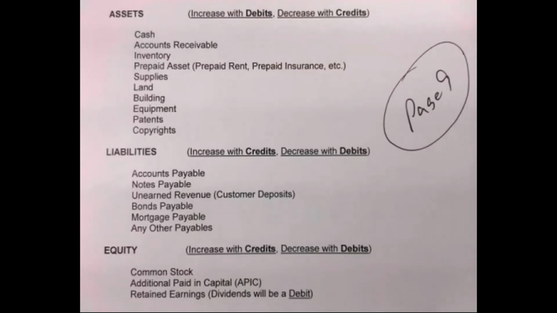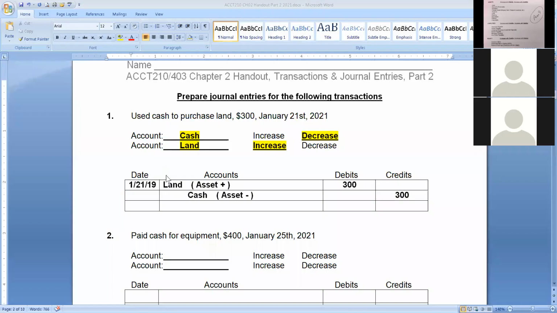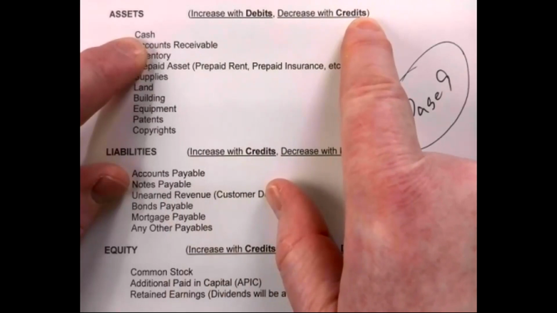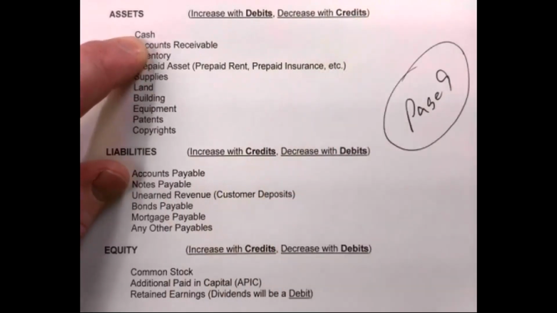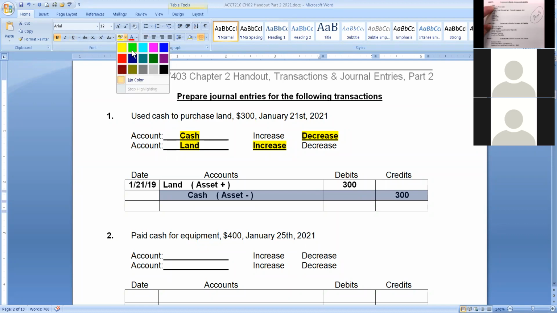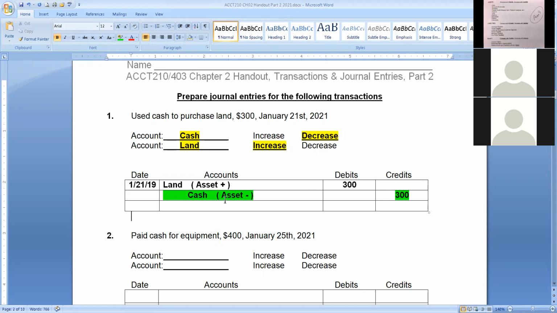Okay, so let's get back to our equation here. So we have cash going down and land going up. Let's do the cash first. So cash is decreasing. It'll decrease with a credit. And you'll see that here. So the cash, it's an asset going down.